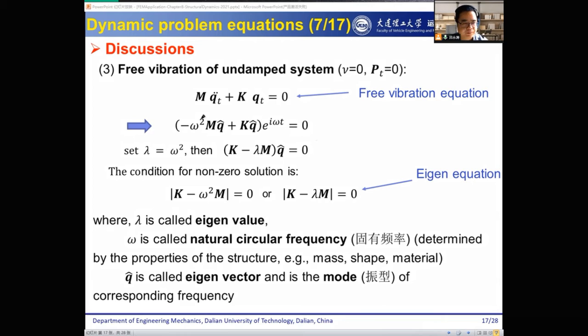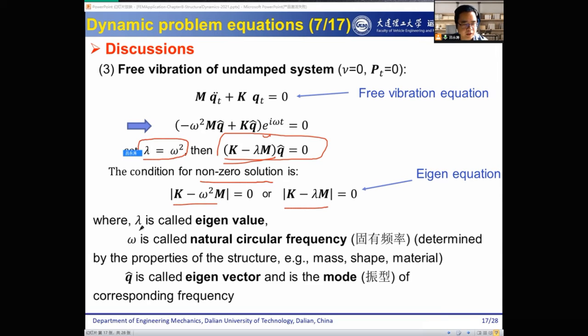In the end we get this equation. The condition for the non-zero solution is that the determinant of the coefficient equals 0, or in other terms this equals 0, because lambda equals omega squared.